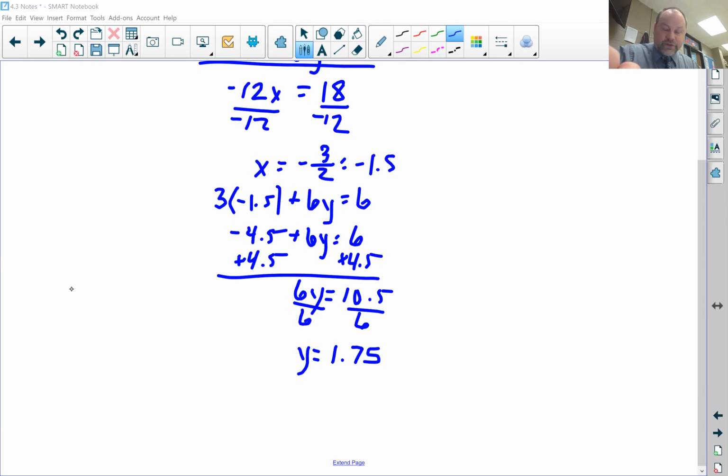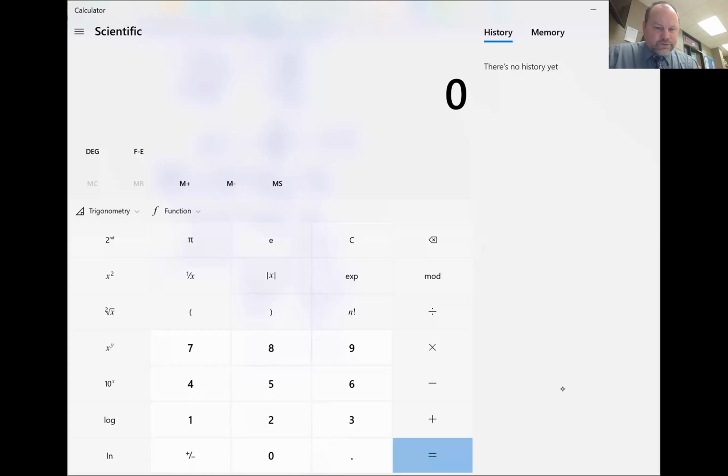So I'm just going to double check that 10.5 divided by 6 is 1.75. So yeah, 1.75, good.